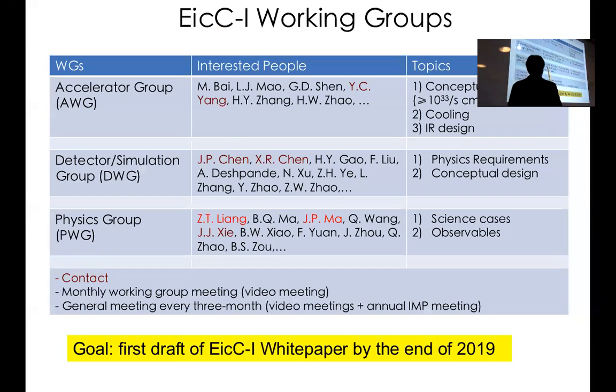One is Zhuta Liang from Shandong University, and the other is GMP Ma from the Institute of Theoretical Physics. He actually worked together with Yuan and Ji on the TMD factorization. I don't know that paper.